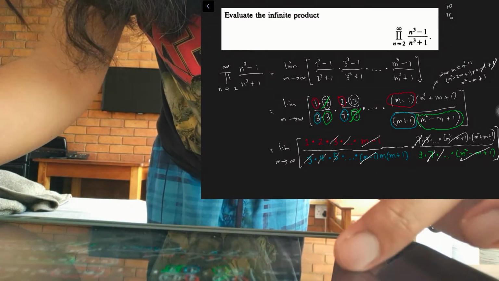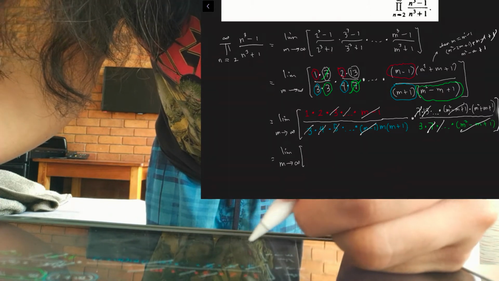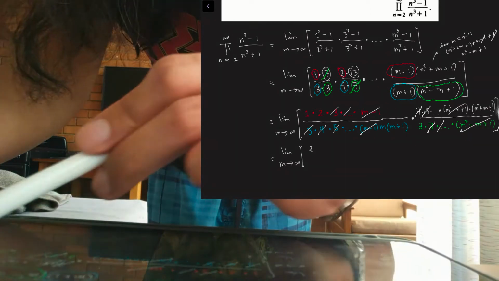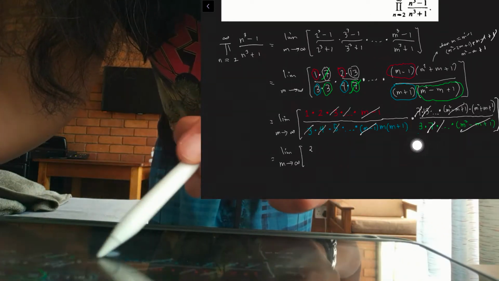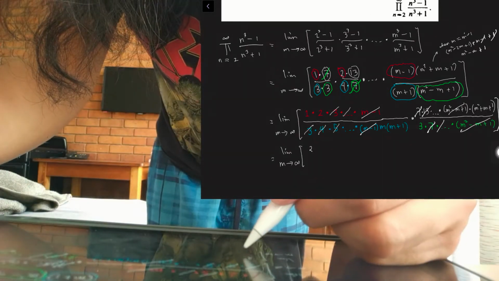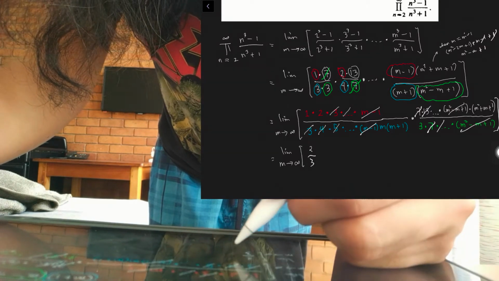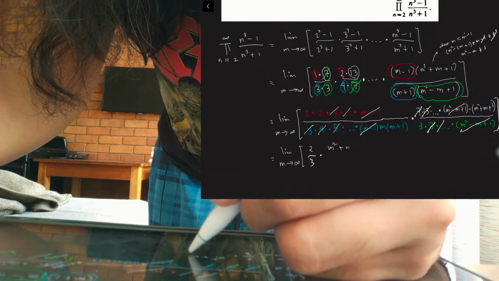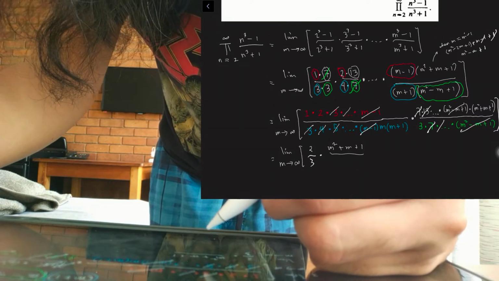So therefore, we are left with the limit as m approaches infinity of, in the numerator, 2, and then another surviving term is 3, so you have over 3, and then the m terms, in the numerator m squared plus m plus 1 survives, and in the denominator you have m times m plus 1.